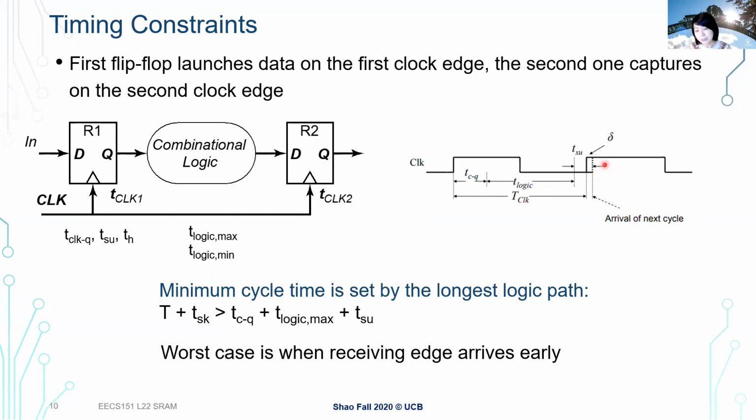In the other example, what if the arrival of my next clock is showing up earlier? Then this time the skew is hurting us. So we basically have a negative skew here, and we need to make sure we budget our clock correctly so that if my second clock is arriving earlier, I can still accommodate all the latency: the clock to Q delay, the logic delay, and also the setup delay for my entire path.